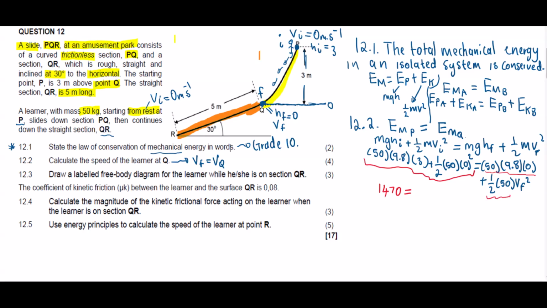Half of 50 is 25, so it's going to be 25 vf squared. You divide both sides by 25. Then when you divide both sides by 25, you get vf squared is equal to, what is the answer?